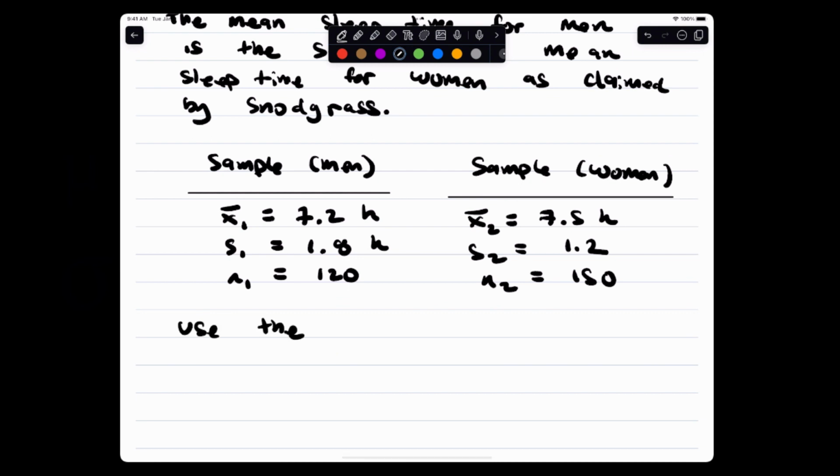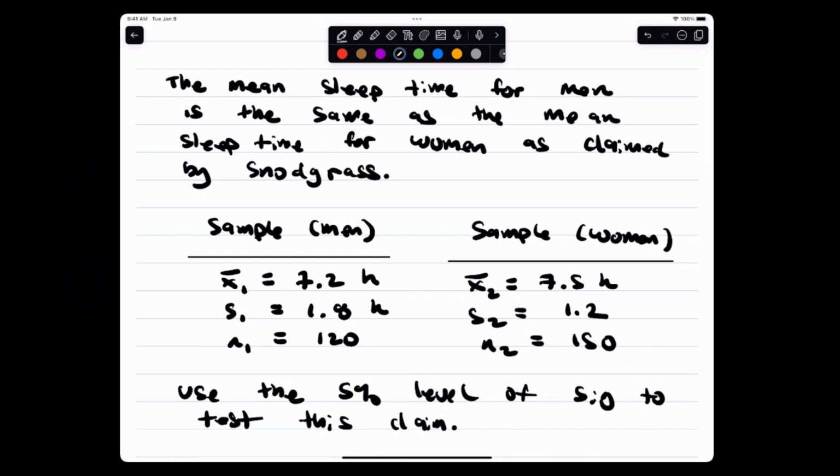Use the 5% level of significance to test this claim. So I'll give you guys some time to write this stuff down. We'll go through it together, but it's another 2 sample hypothesis testing kind of question, okay?